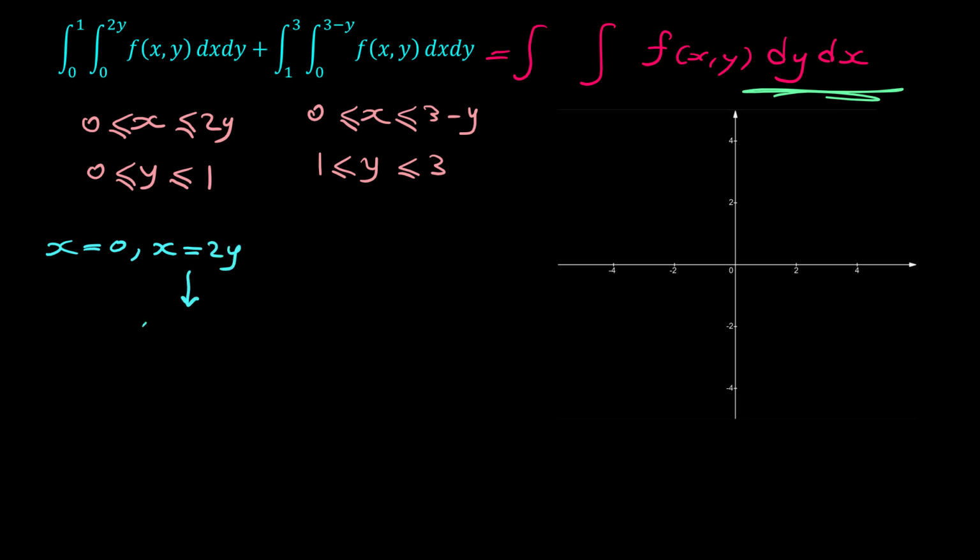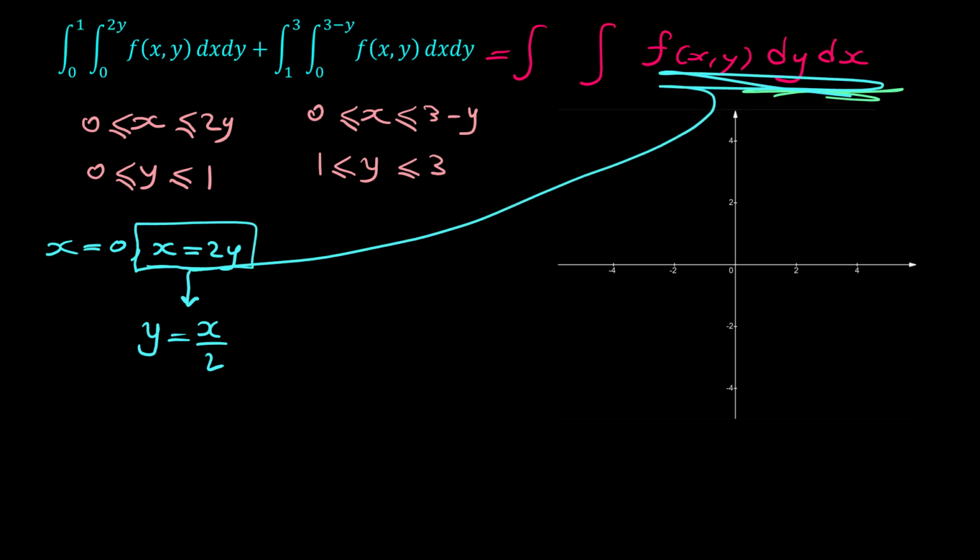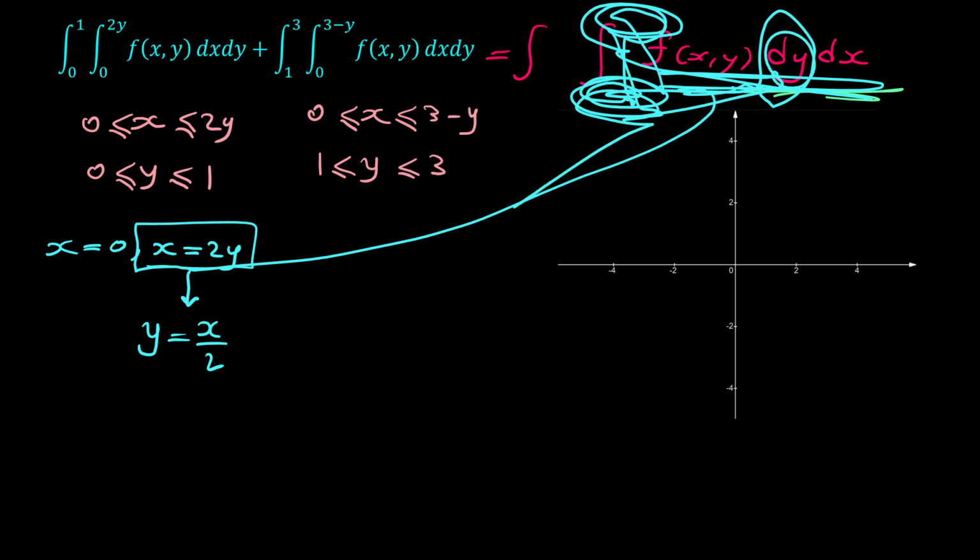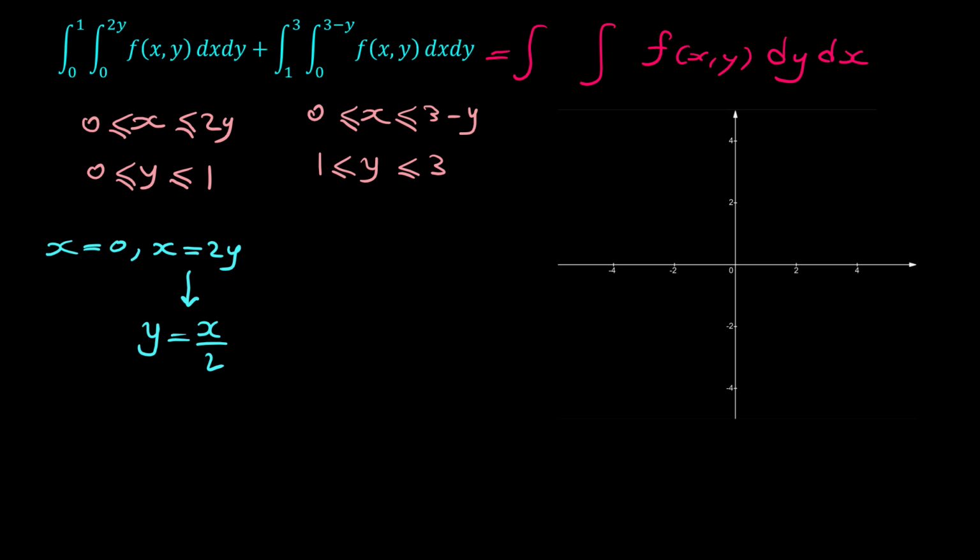If we solve this equation for y, then y equals x over 2. The reason we have to solve this equation for y is that finally we want to write the lower limit and the upper limit for y, and it should be in terms of x or any number. So for that reason we have to do this.